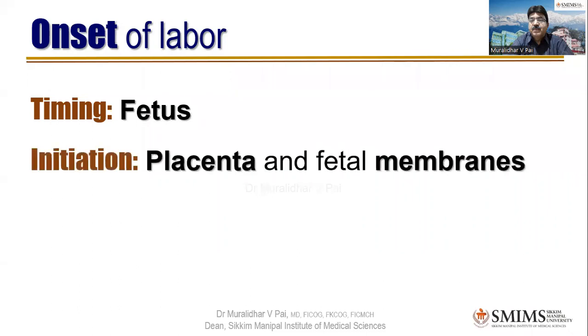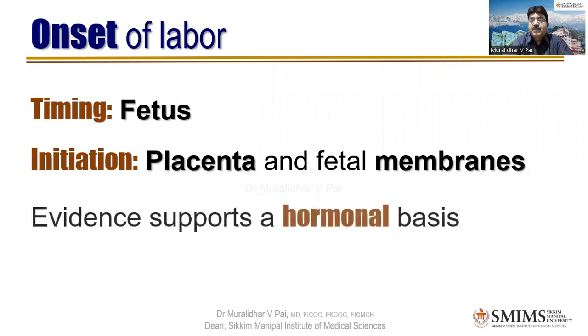Then who initiates? The fetus decides the timing, but it cannot initiate itself. So it takes the help of the placenta and fetal membranes to initiate the process of labor. It's such a wonderful orchestra where each has a different role. One does the timing or the rhythm, the other one starts the notes, and then the whole symphony goes on.